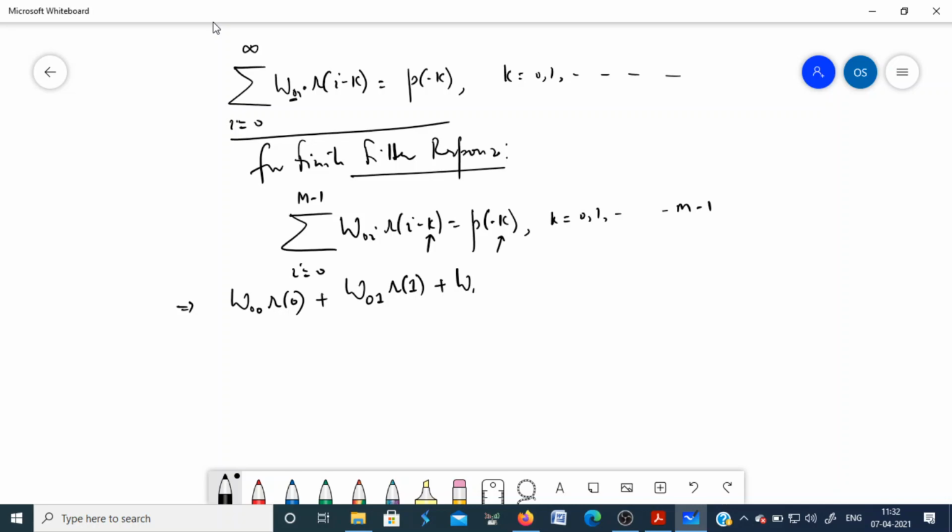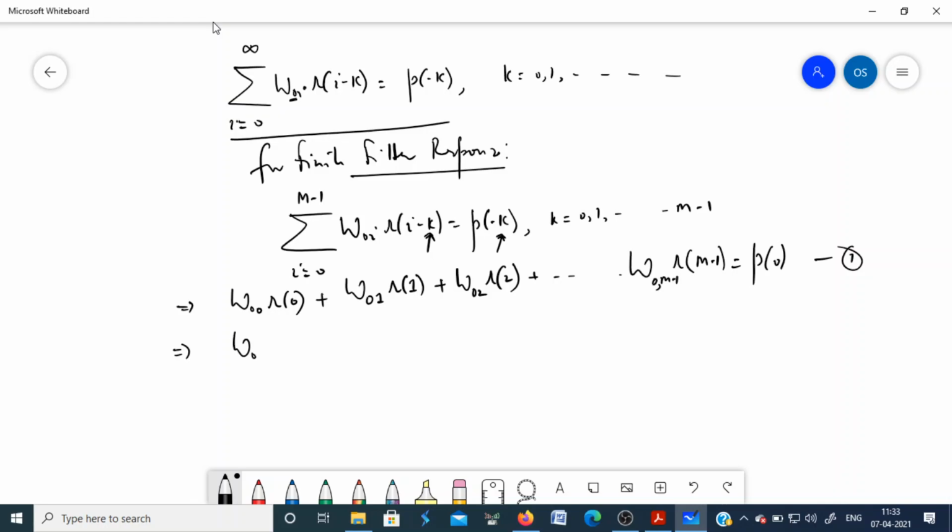The next case is w_o2 into R(2), and so on. The last will be w_o(m minus 1) into R(m minus 1) equal to p(0). So you get one linear equation. Then when k is equal to 1, again k is set to 1 in this term and in this factor, and i will again vary from 0 to m minus 1.